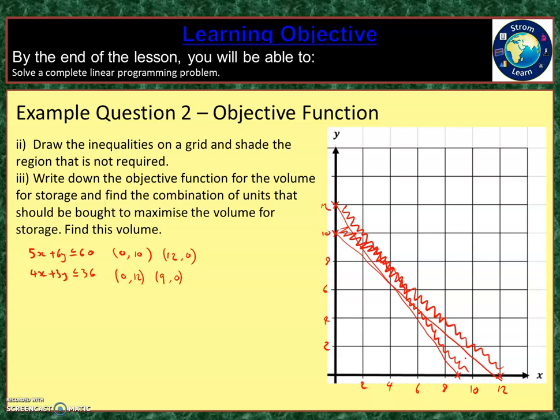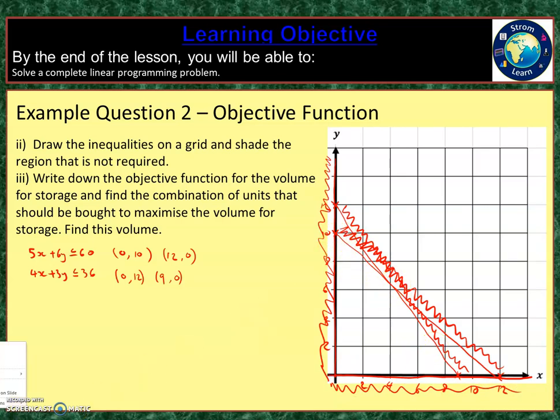Now, it's also worth considering some other inequalities, and that is that I can't have less than 0 of either of the types of units. So these axes form a natural barrier, and that's usually true in linear programming problems because it's usually fairly unlikely that anything makes sense with negative values. So we've got this quadrilateral.